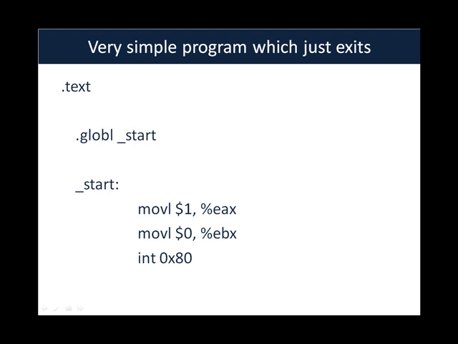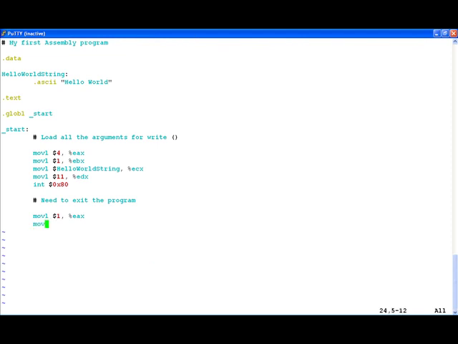Then load the value 0 into EBX, which is going to be the status value as discussed. And then finally call the interrupt.